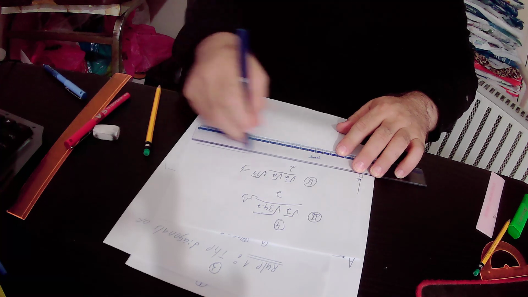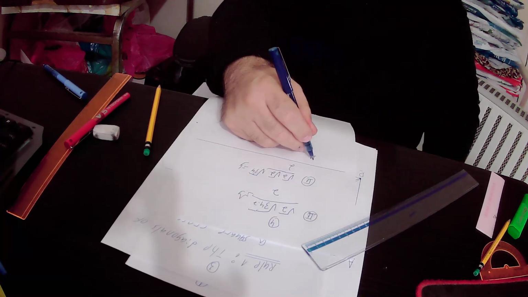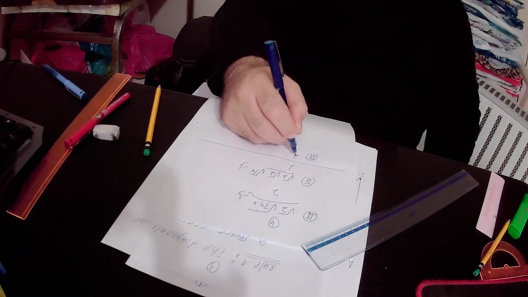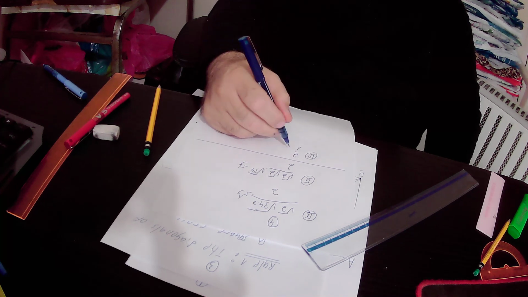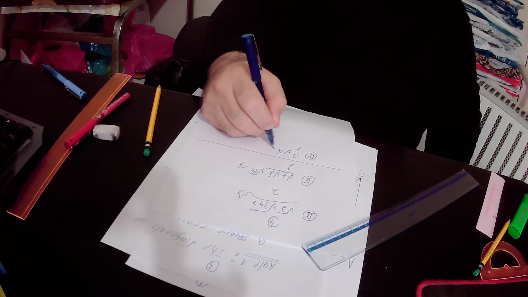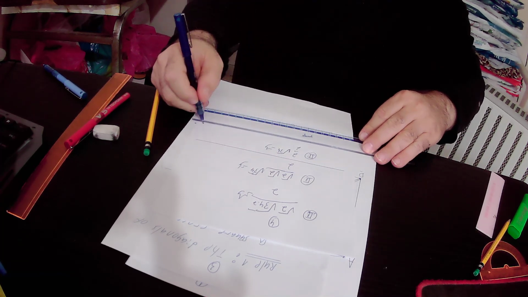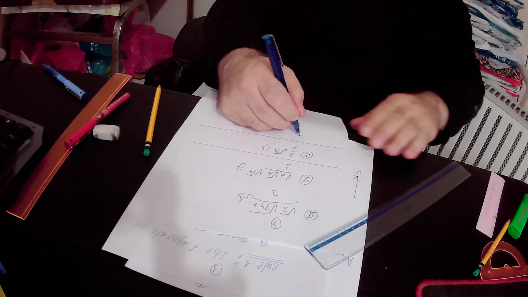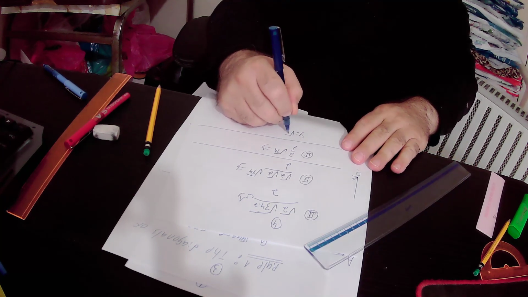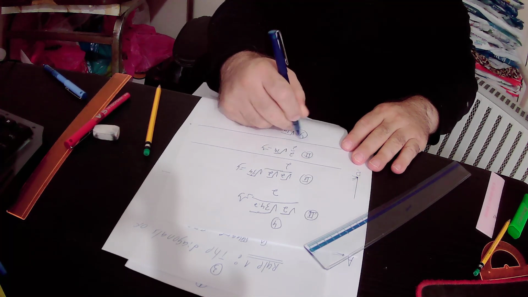Root 2 times root 2 is 2. So we have 2 over 2 times root 34 equals y. 2 over 2 is 1, so we will get that y equals the root of 34 units.